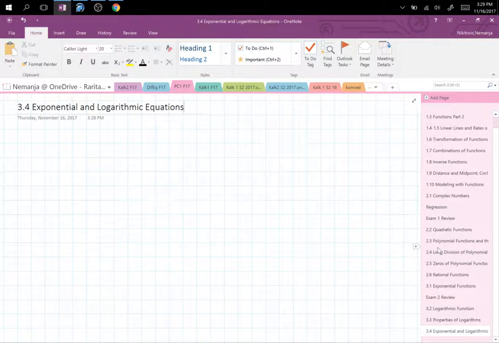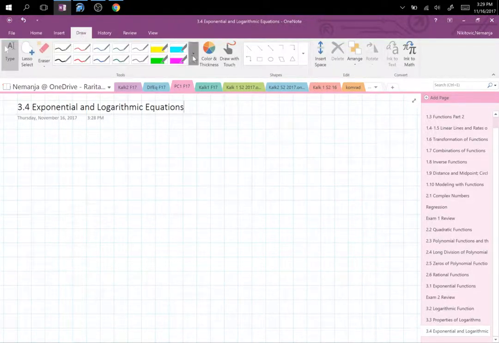The most important formula of the chapter. You will have to use it in this section for pretty much every problem. And what's the most important formula?